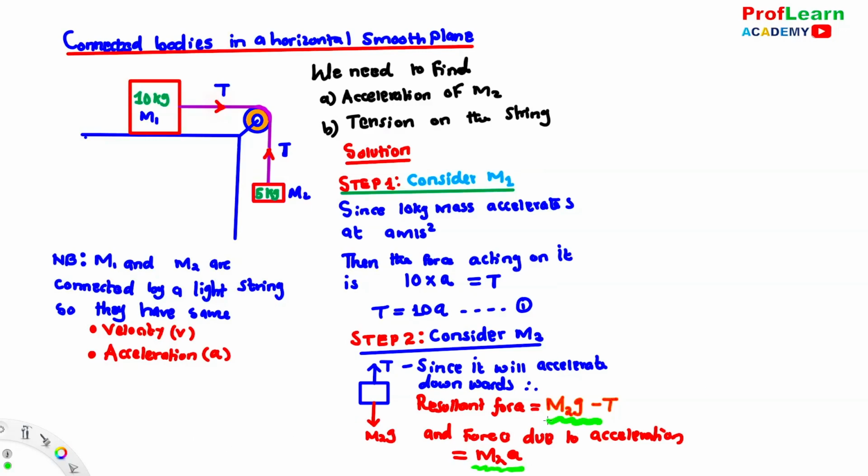We can equate these two so that we have our equation as 5 times G. G does not mean grams actually. It means the force of gravity, the gravitational field strength.